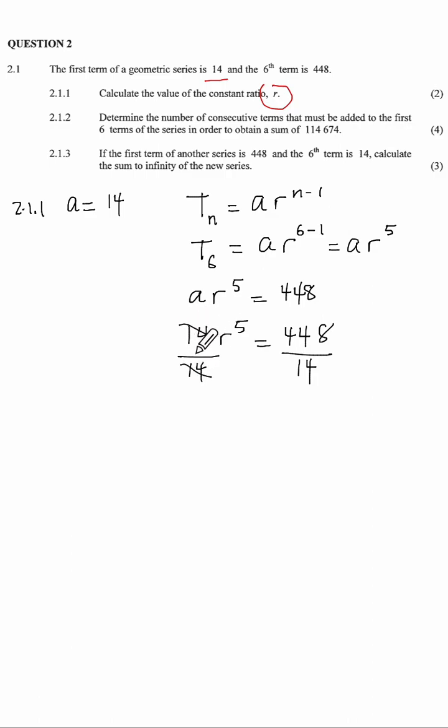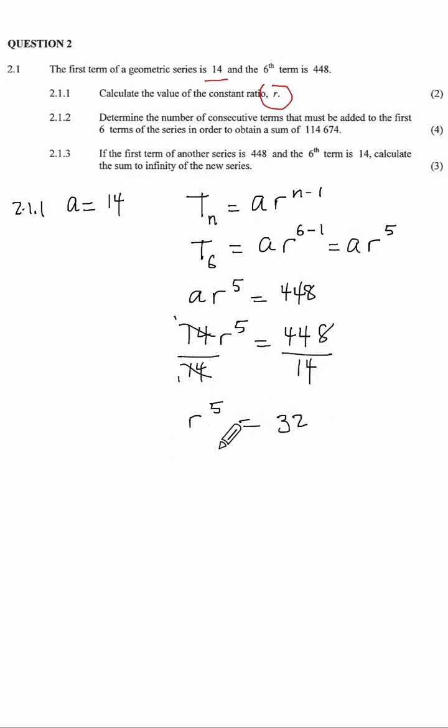So that cancels out, and that leaves me with r to the power 5 is equal to 448 divided by 14, which gives me 32. Now, in order to find r, there are a couple of things I could do.